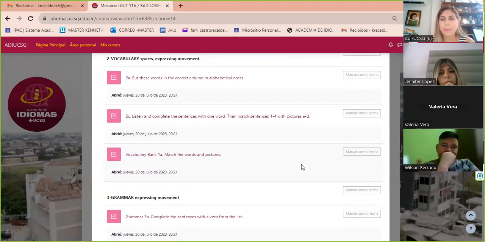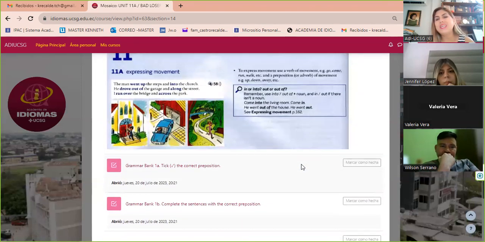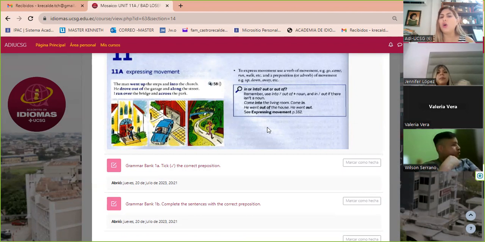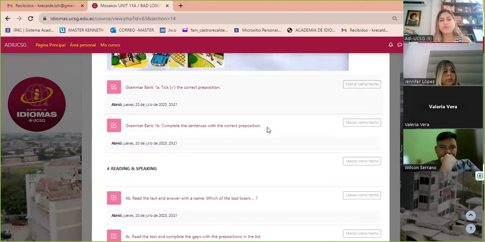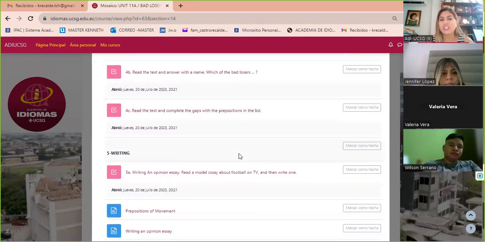We were seeing the difference between in and into, out and out of. I was telling you that when we use into or out of, we have to use a noun. Otherwise, we just use in or out when there is no noun. We also read a text about some people who were bad losers in competition, and we completed the prepositions.